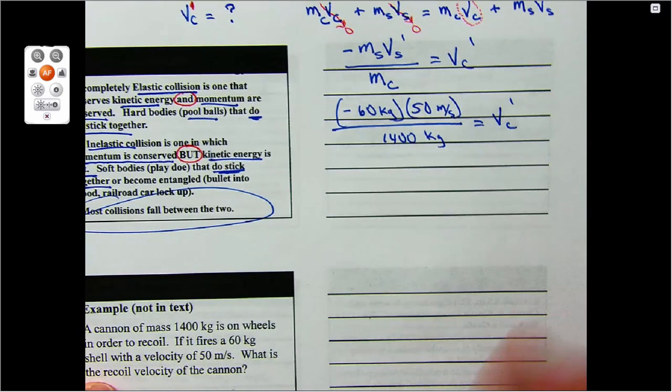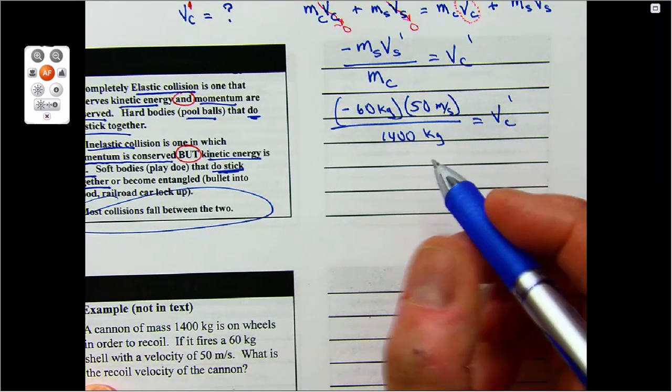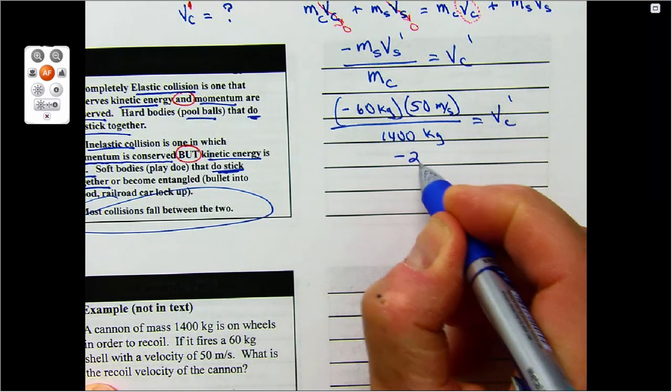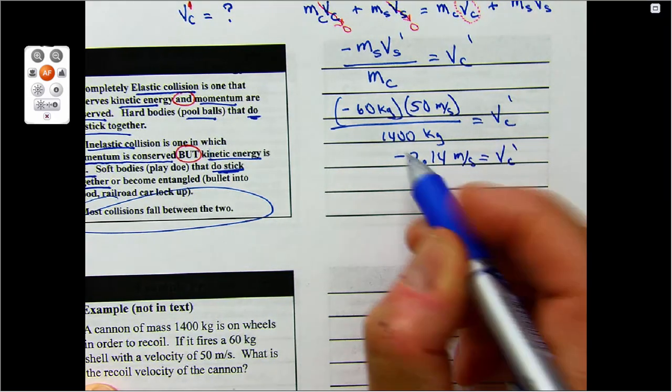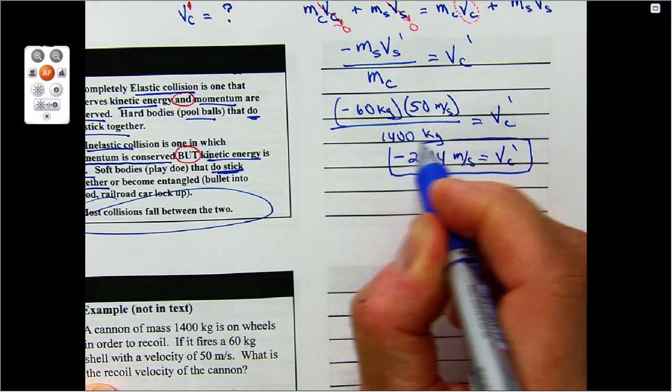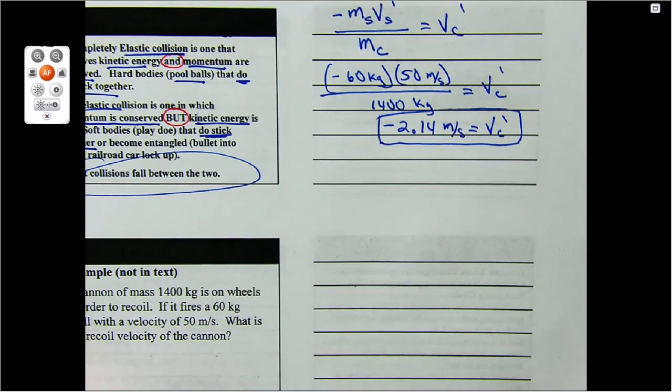If we plug this in, we get negative 2.14, don't we? All right, so that's kind of simple. Next one.